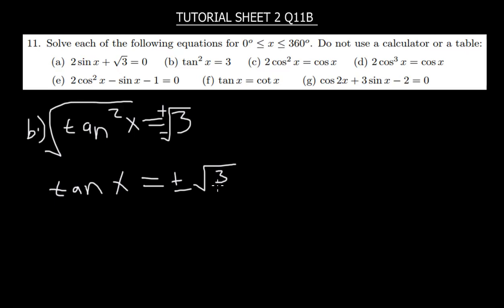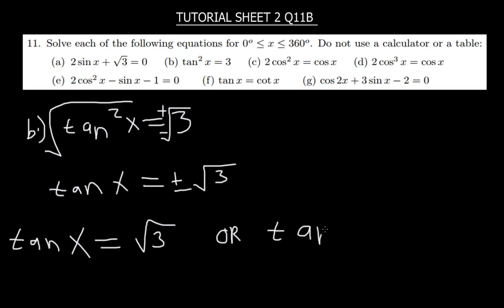This is why you have to take it up from where you say tan x is equal to positive root 3, or tan x will also again be equal to the negative of root 3.